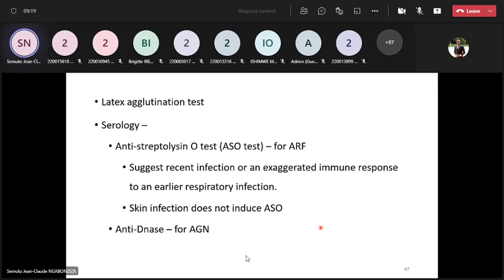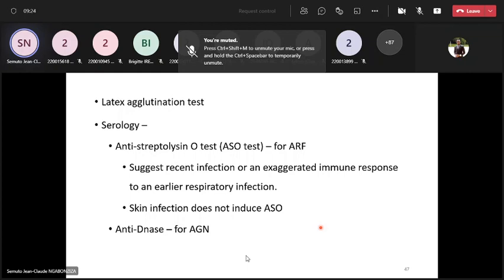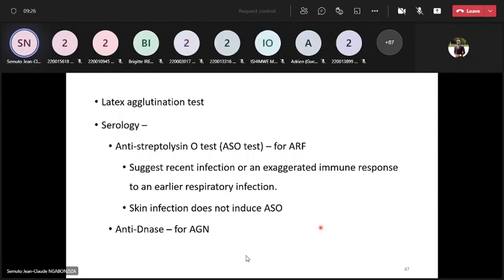So you can do latex agglutination, you can do the anti-streptolysin O test, especially in case of rheumatic fever, which suggests recent infection, an exaggerated immune response to earlier respiratory infection.